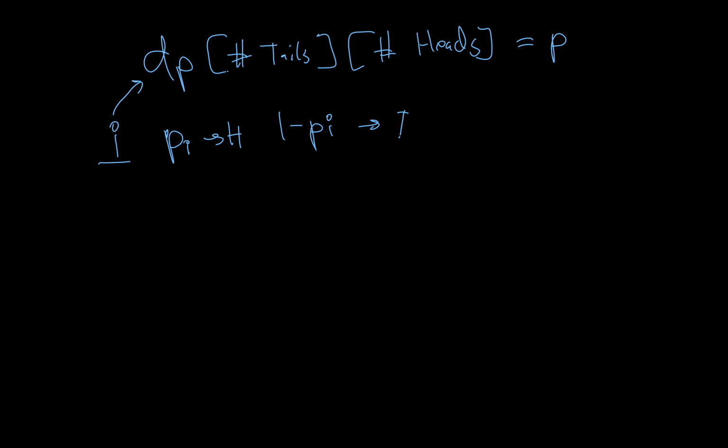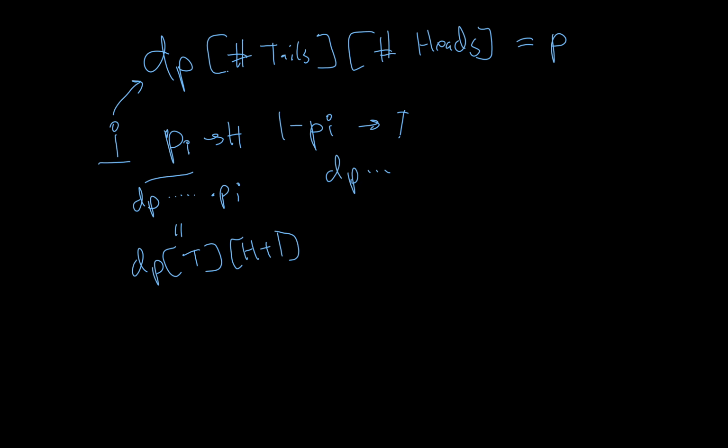Then that probability times p_i is just equal to DP of tails, heads plus 1. And for the other case, we would just do DP times 1 minus p_i.